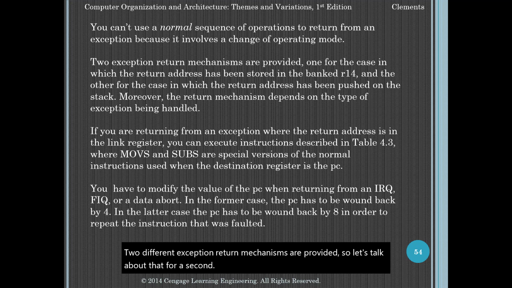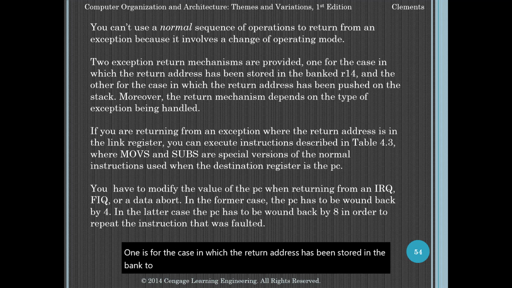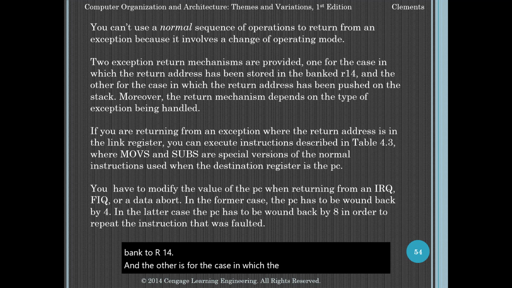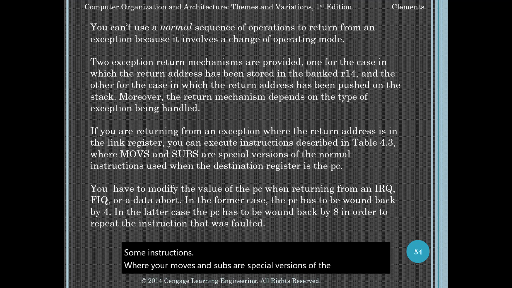One is for the case in which the return address has been stored in the banked R14, and the other is for the case in which the return address has been pushed onto the stack. So the return mechanism depends on the type of exception being handled. If you're returning from an exception where the return address is in the link register, you can execute some instructions where the MOVS and SUBS are special versions of the normal instructions.